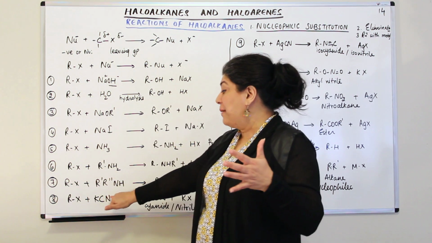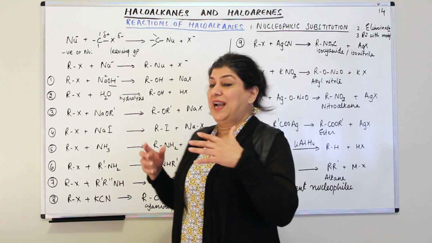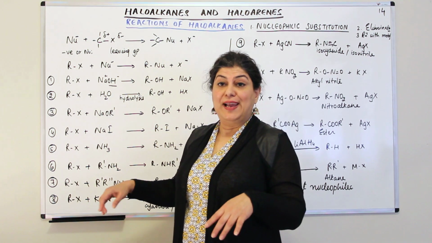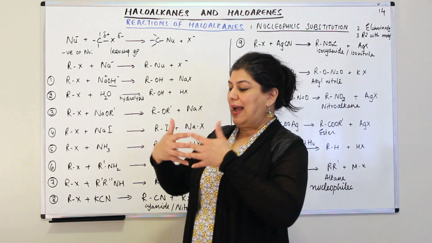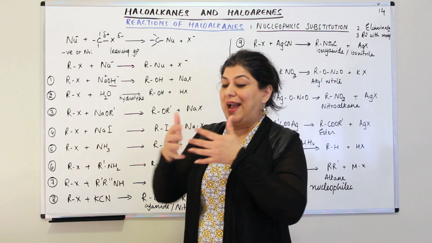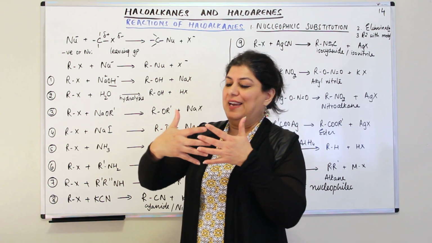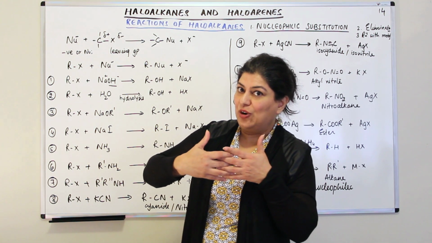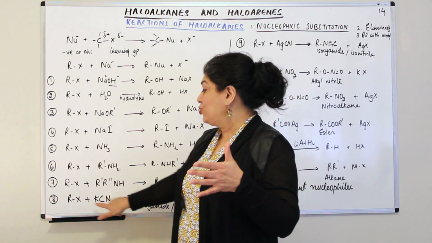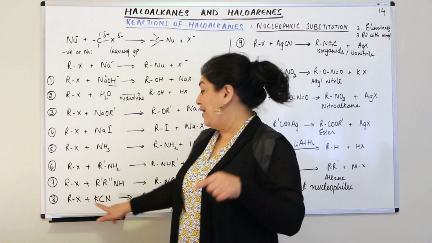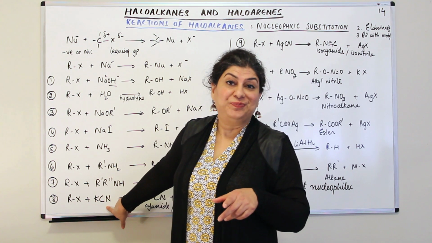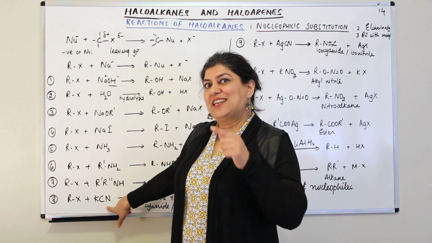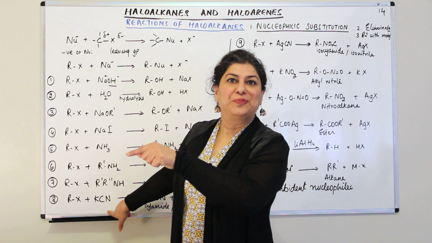When we say it is ambident, it says that this nucleophile can act as a nucleophile at two positions. At carbon also, it can go and attach to the alkyl group, or it can act as a nucleophile at nitrogen also. It can attach itself from nitrogen also.